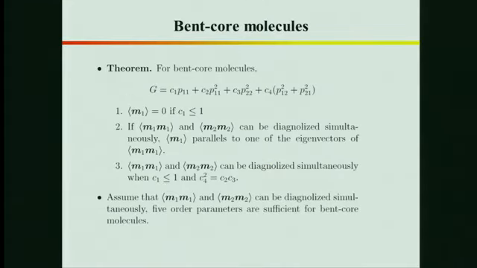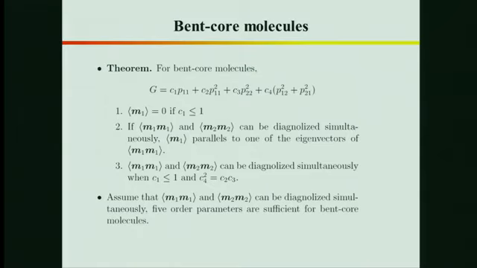For the banana molecules, for example, you keep the four terms, similar to Maier-Saupe. So you can also prove M1 equals 0 if C is small. M11 and M22, because in the banana molecule you have to use both M1 and M2, because one direction is not enough. So they could be simultaneously diagonalizable.